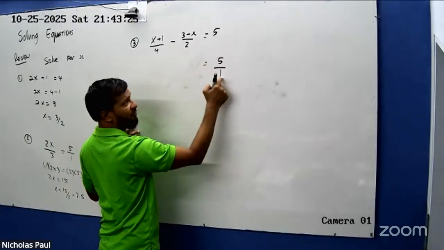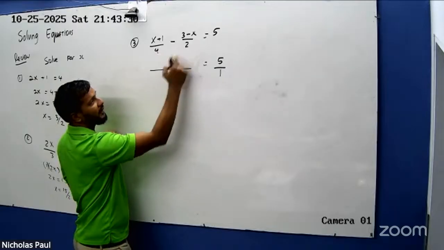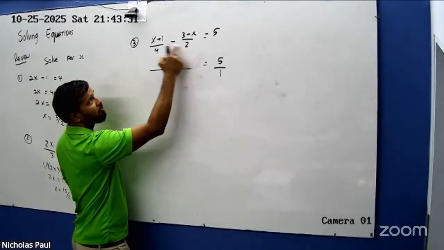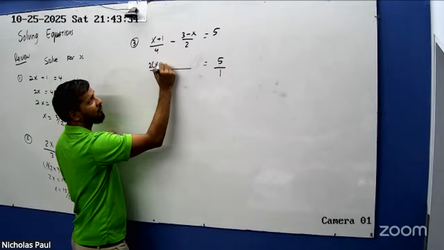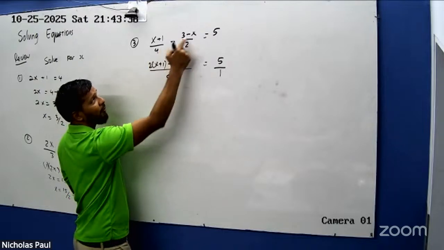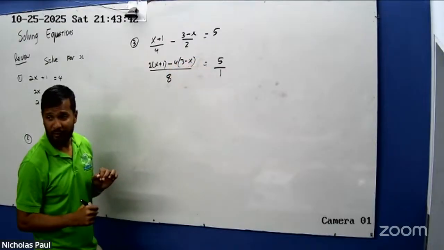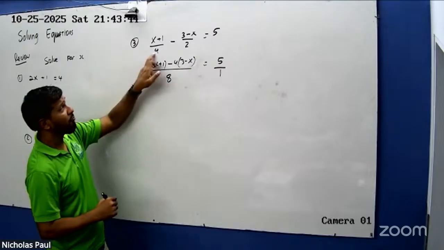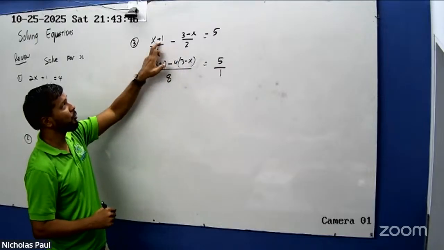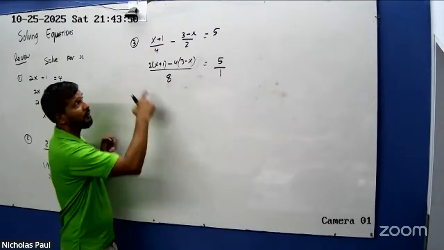I'll leave in the 5 and 1 here. How do we work this out again? 4 by 2 is 8. 2 by this, 4 by this. Don't forget the minus sign. Remember, 4 by 2, 2 by this, 4 by this. What's the next step? You multiply it out.